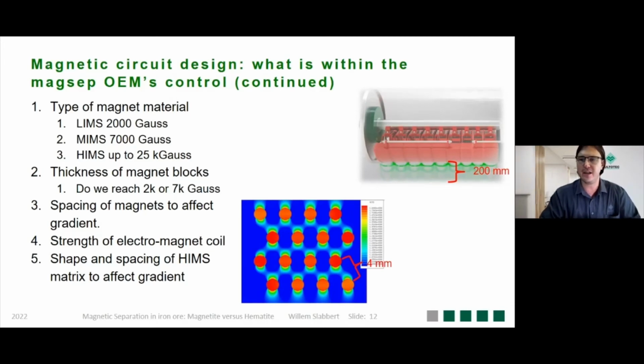On the right-hand side is an illustration of a low-intensity magnetic separator showing the magnetic field lines in green and also showing that we go from 2000 Gauss down to 0 over a distance of around 200 millimeters. At the bottom, we're looking at a modeling animation of a high-intensity magnetic separator with the matrix rods, the actual separation surfaces, going up as high as 20,000 Gauss.